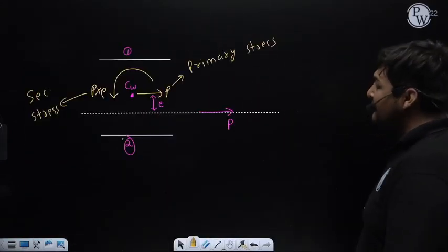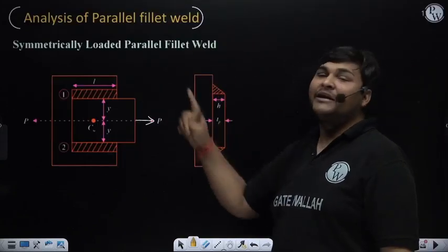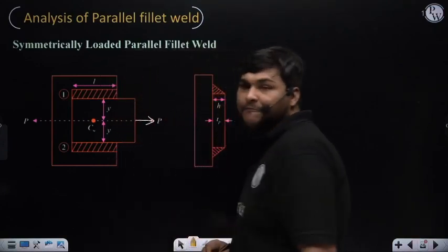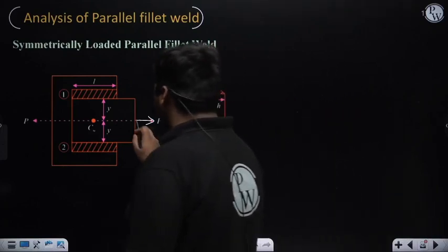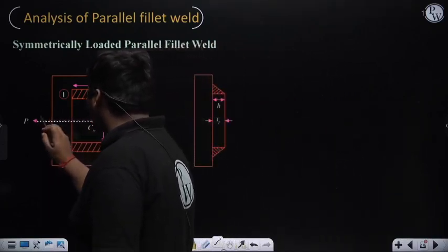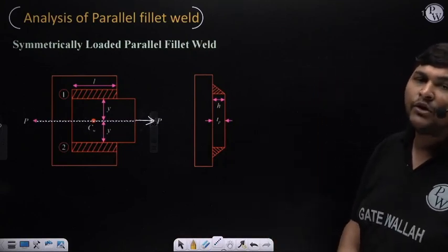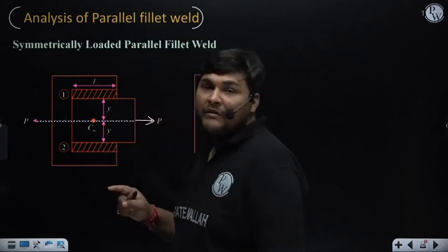Now, if the case is symmetrically loaded, meaning this distance and this distance are both the same, how can we ensure that the line of action of force P is passing through the combined centroid of the weld? For that we will take the length of both welds equal.